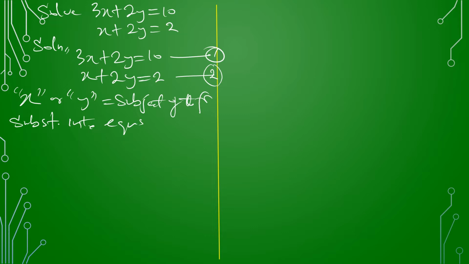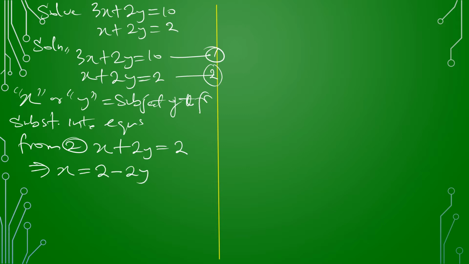Now, from equation 2, we have x plus 2y is equal to 2. If you make x the subject of the formula, this implies that x will now be equal to what? 2 minus 2y. Because this plus 2y will cross over the equality sign, it becomes what? Negative.